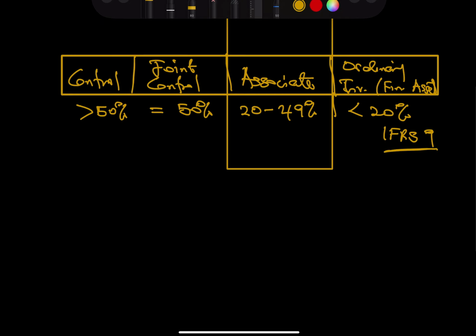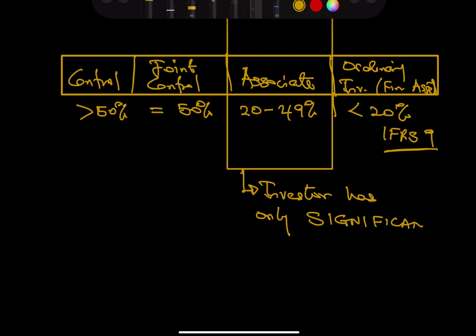Straightly. And when do you have an associate? You have an associate when an entity or an investor has a significant influence. Only significant influence.